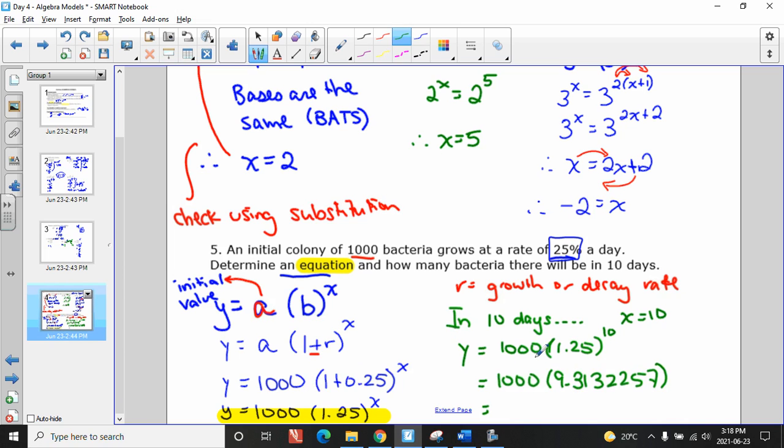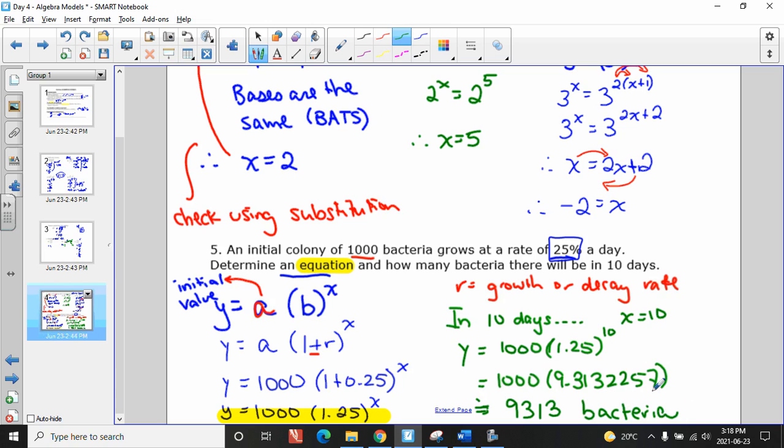I'm still leaving that 9.3 number on my calculator, and then just going to hit times 1,000 equals, and I see 9,313. I'm going to round it off. We're talking about a number of bacteria, so I don't want a fraction of a bacteria. I'm going to round off to the nearest whole number.